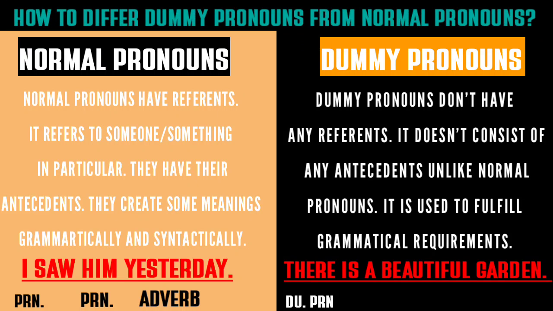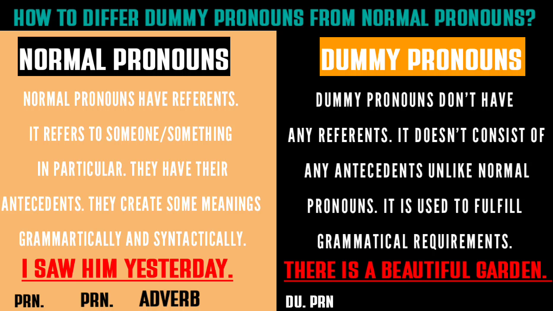So now the main question is how to differentiate dummy pronouns from normal pronouns. Well, normal pronouns have reference because they refer to a specific person or thing. They even have their antecedents, and they create meaning in a specific sentence grammatically and syntactically.